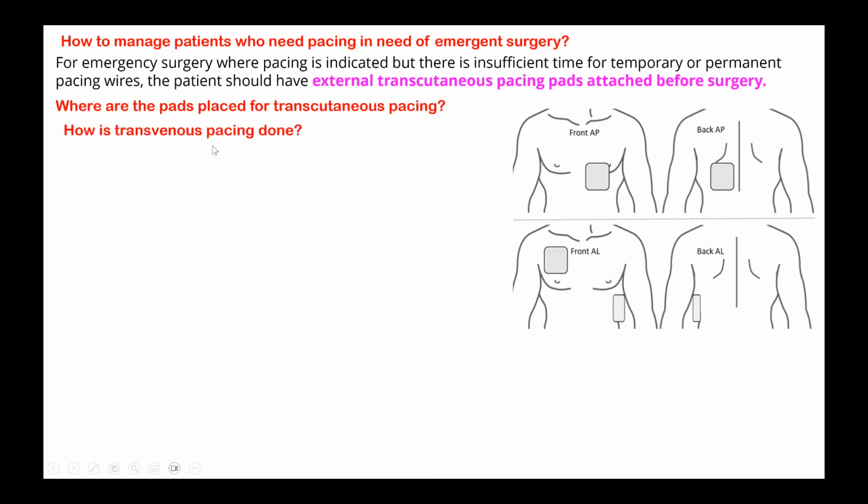So how is transvenous pacing done? This was transcutaneous. How do you do transvenous pacing? Which vein do you choose? You can choose the subclavian, IJV, or even the cubital vein.